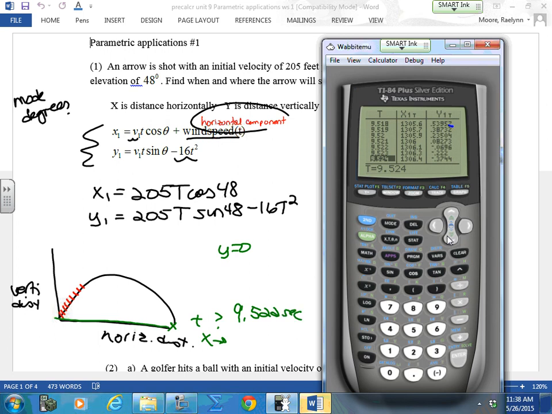My y value is as close to 0 as I can go. Bring this up here and go across to your x, because it's rounded in your table. My x value is 1306.150 feet. My arrow landed 1,306.15 feet away from me.